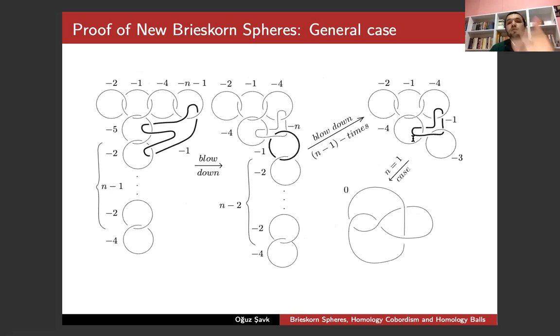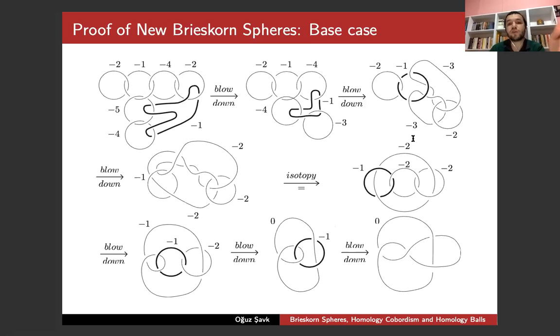But the third picture also appeared in the base case, so you may follow the same flow, and by using the lemma of Akbulut and Larson, you get that our Brieskorn spheres all bound rational balls. I don't write it here explicitly, but again, the obstruction comes from the Neumann-Siebenmann invariant.